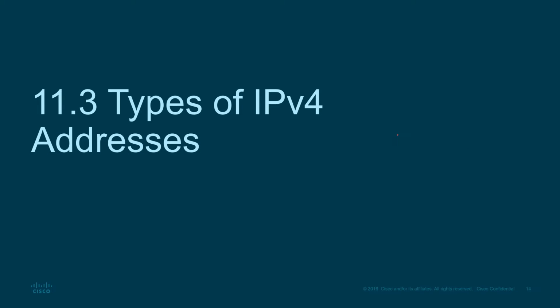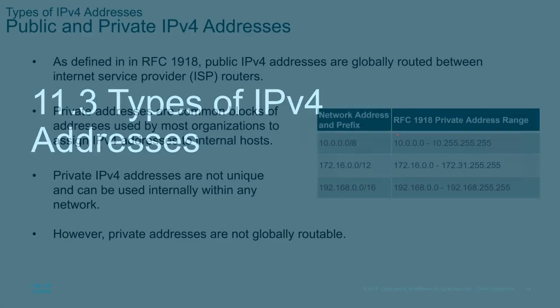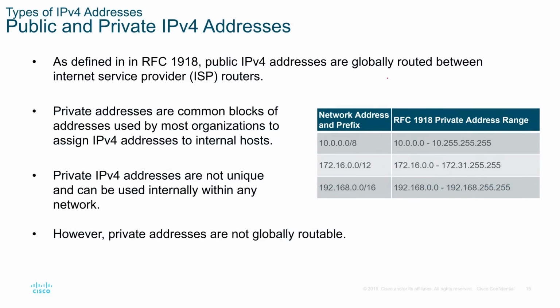In IPv4, we have many types of addresses. First, because we were running out of addresses and IPv6 had not been fully implemented, we had to come up with a way to save addressing. One of the things that was developed was private addressing.